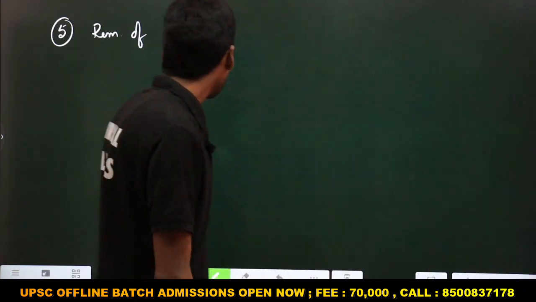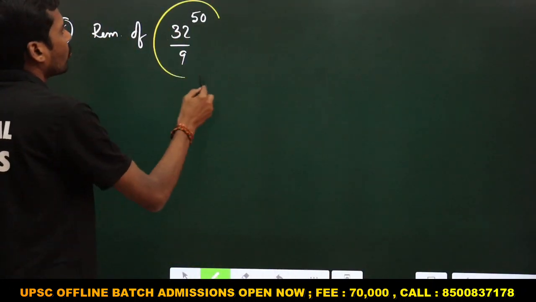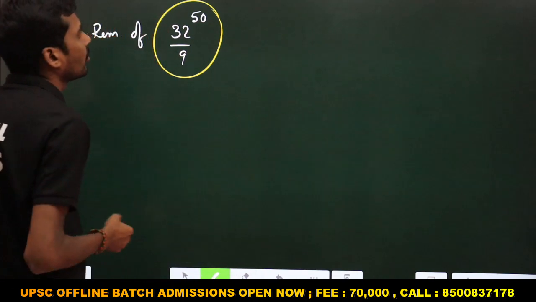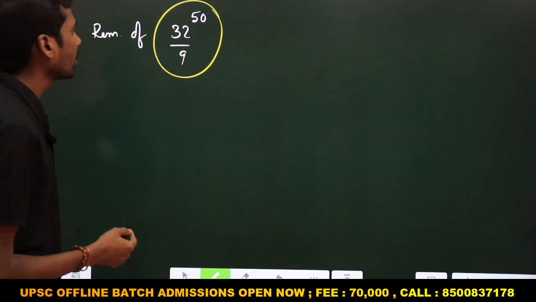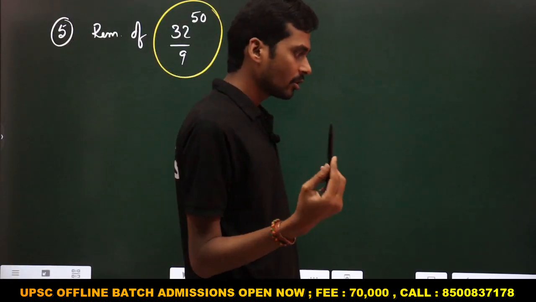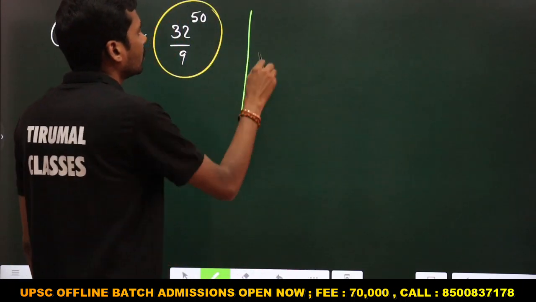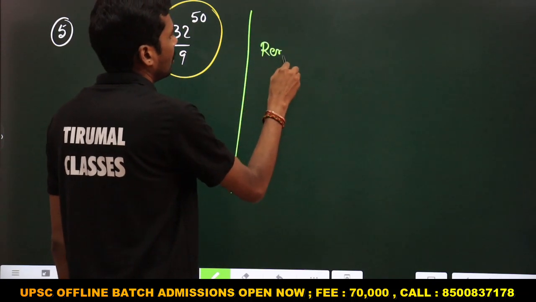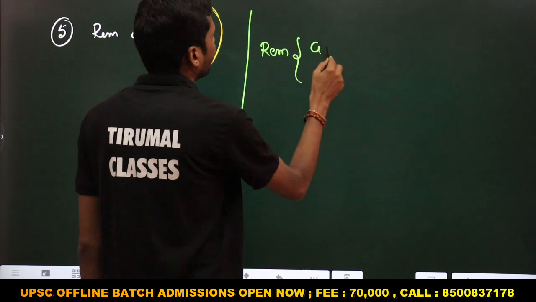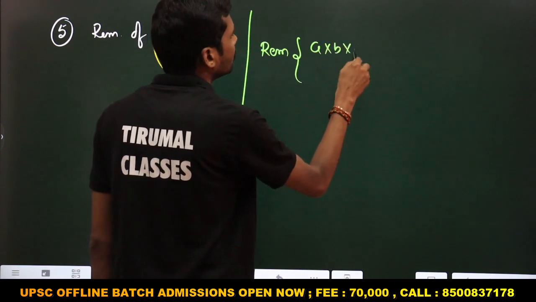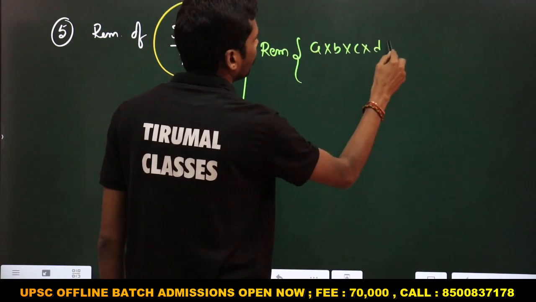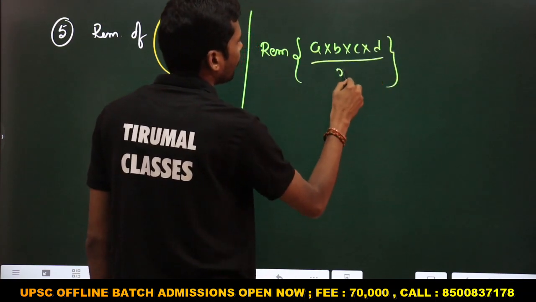Let's see one more problem. What is the remainder of 32 to the power of 50 divided by 9? Before we approach it, remember one more point we already discussed in the previous class. Suppose I have the remainder of a into b into c into up to any number of values, divided by some particular number.